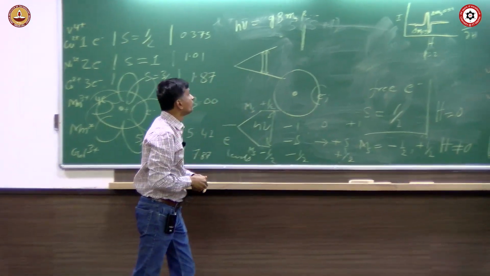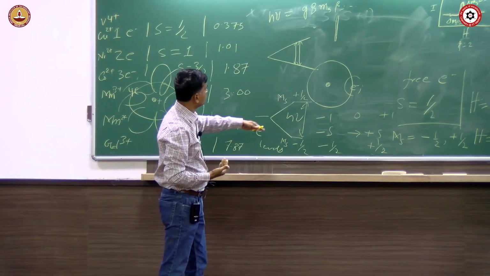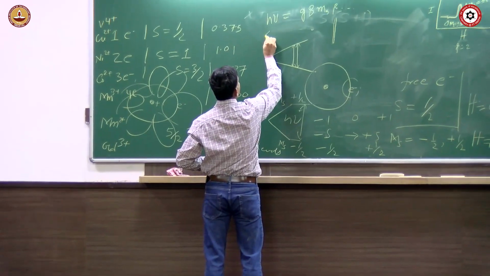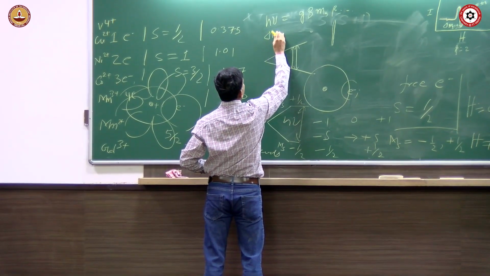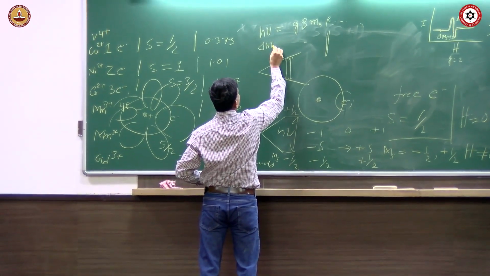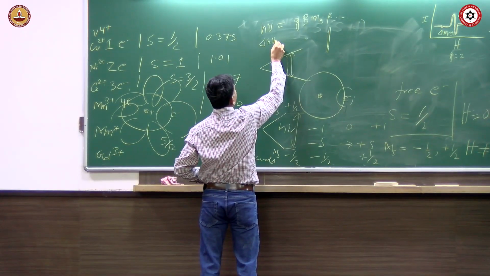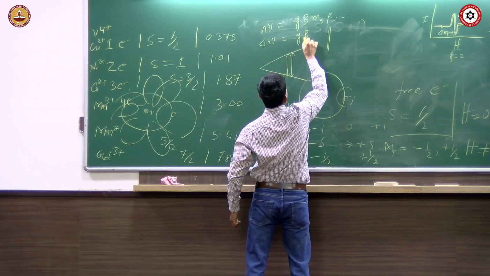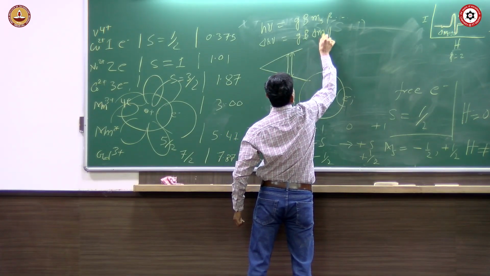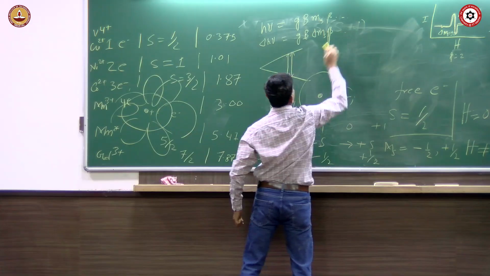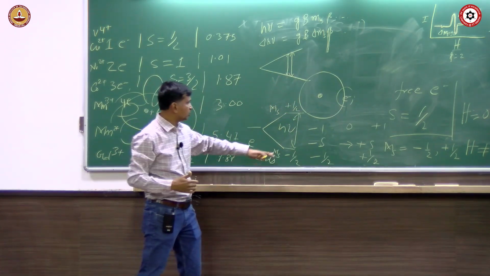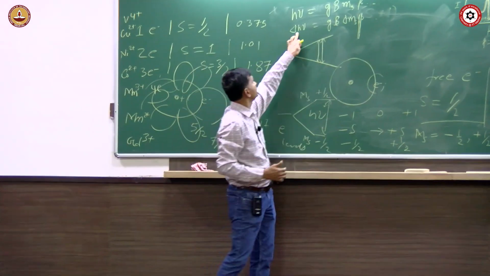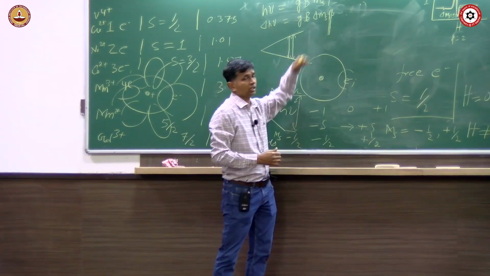Now if you take the difference, it will be h delta nu, and at that time g is the same, B will be the same, and it will become delta M_S, and this beta and all will be there. So between these two states, this difference will come in the delta M_S.